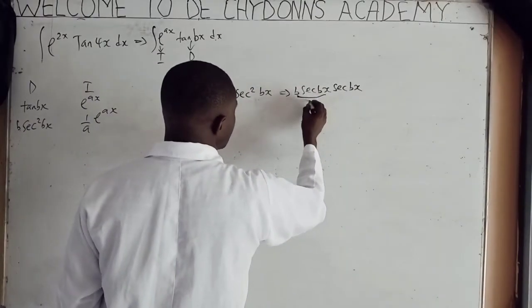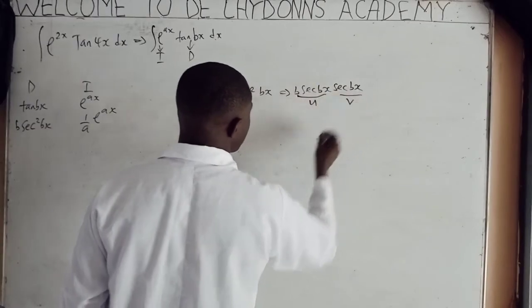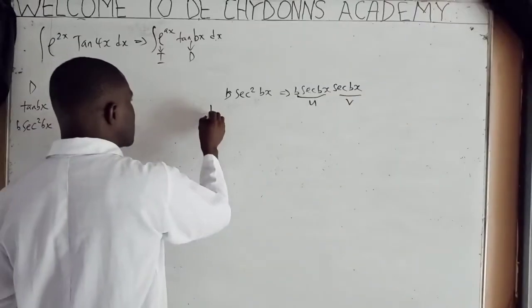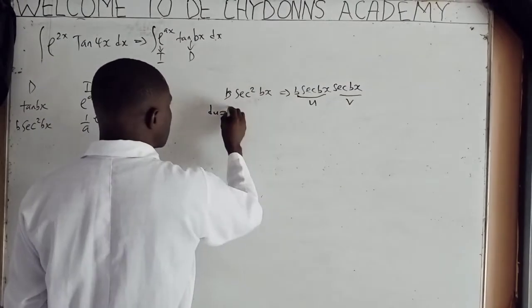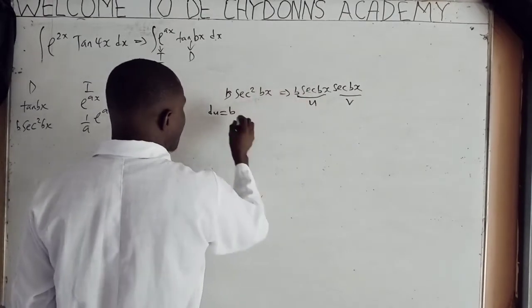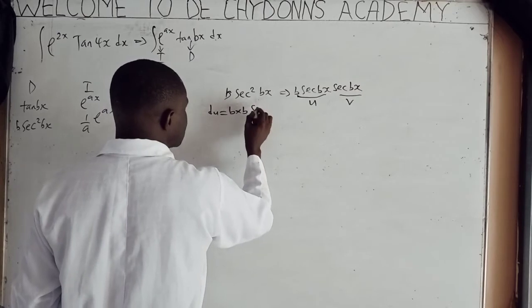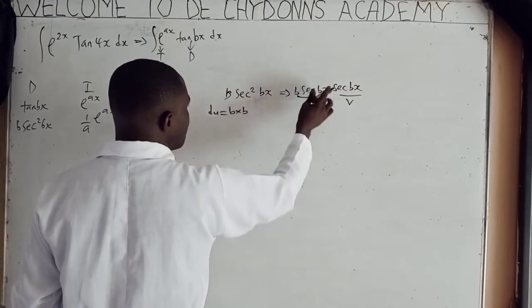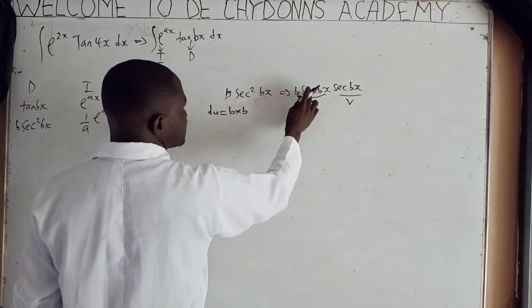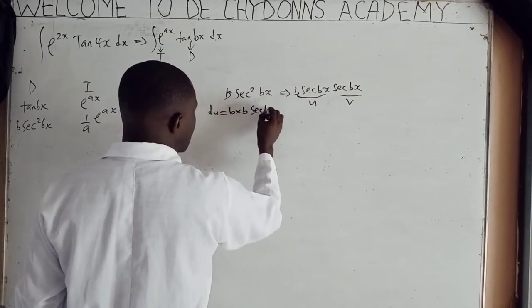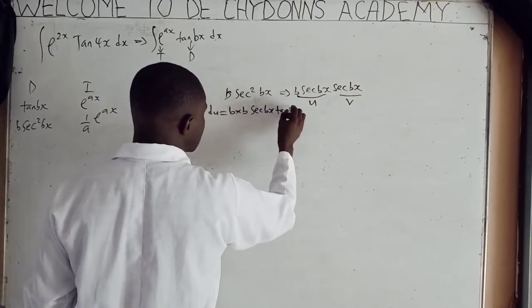So call this your u and call this your v. Say u is equal to b sec bx, differentiate that, and v is sec bx tan bx, differentiate that.